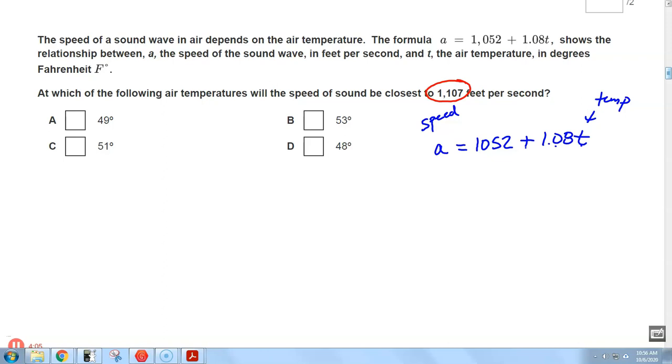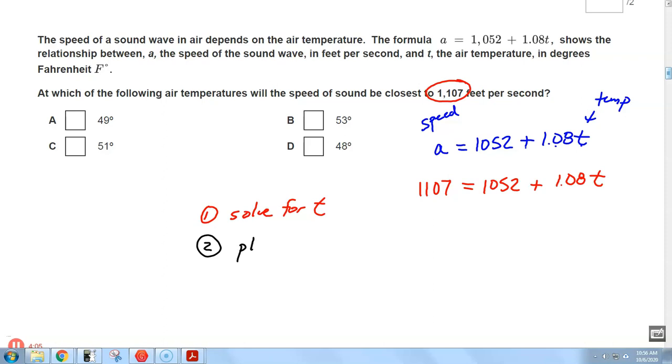Well, there's a few options. We want the speed to be 1107. If you're good at solving algebra, which this equation isn't too bad, it's pretty much just 2 steps, I would say just solve for t. All right? So let's just solve this thing for t. Now, if you are not very good at algebra, but you still want a shot at getting the question right, the second method would be to plug in the answers.